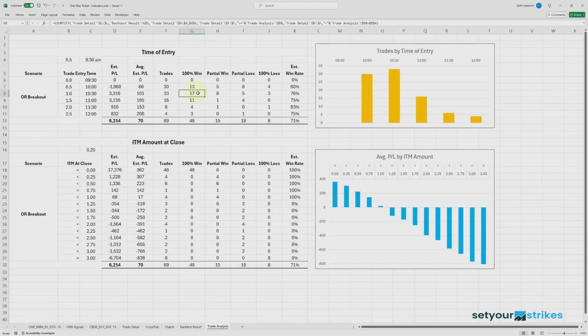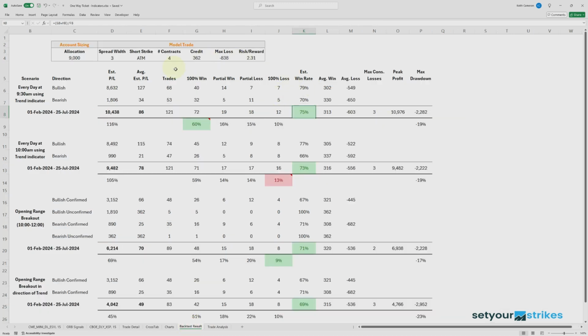These values show where you can still profit when you're expiring in the money, up to about $1. Even if we're $1 in the money, we're still profitable. That's just part of the risk profile of this particular trade, and that's not going to change too dramatically even if we change some of these parameters now.